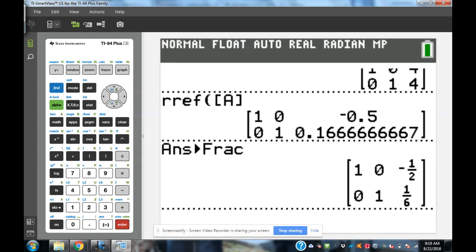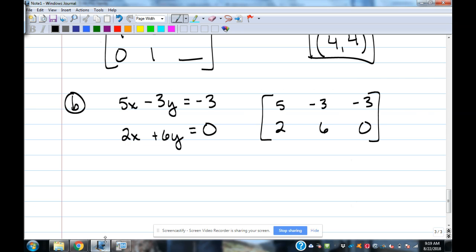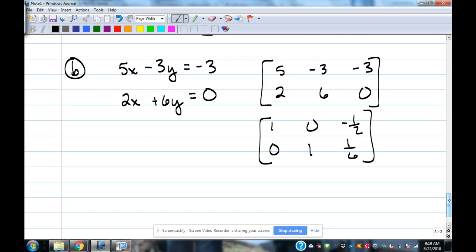Now, what's the x value? -1/2. So we get the reduced row echelon form is 1, 0, -1/2, 0, 1, 1/6. The ordered pair, which is the way we write answers to systems, right? -1/2, 1/6.